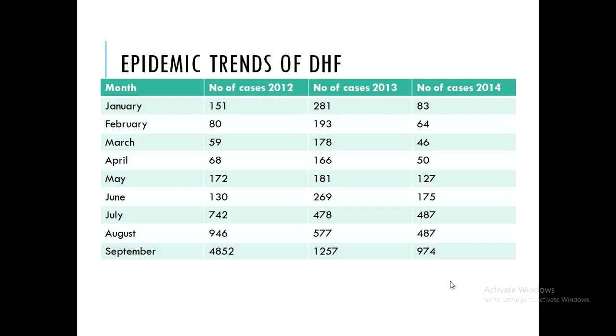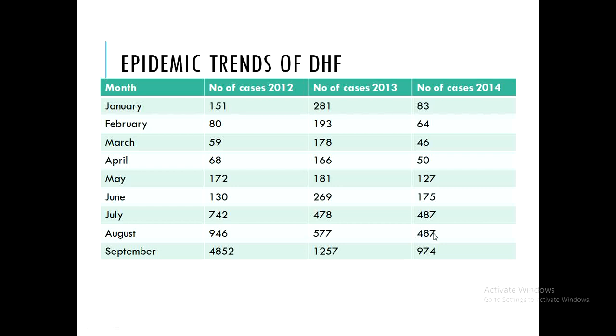There are different diseases which present with different epidemic trends. For example, dengue hemorrhagic fever has shown different types of trends in 2012, in 2013, and in 2014. You can see, according to the time distribution in months, that the maximum number of cases were reported in August in all the three years.